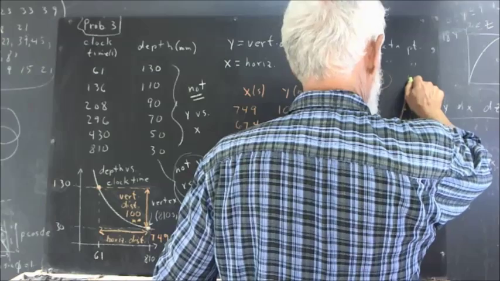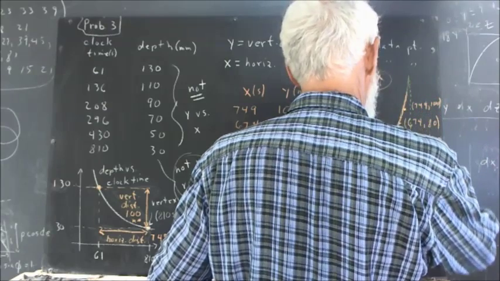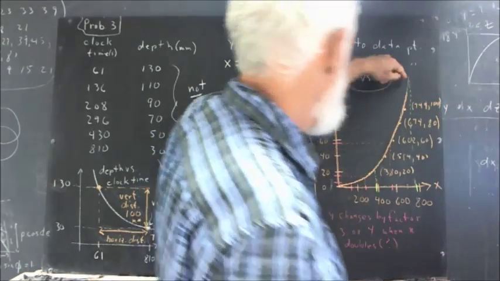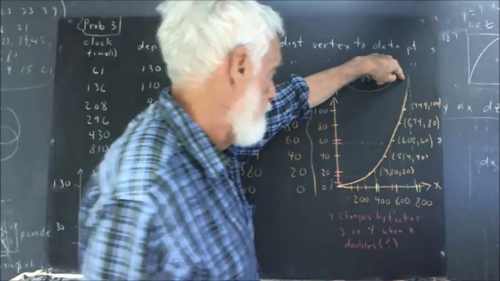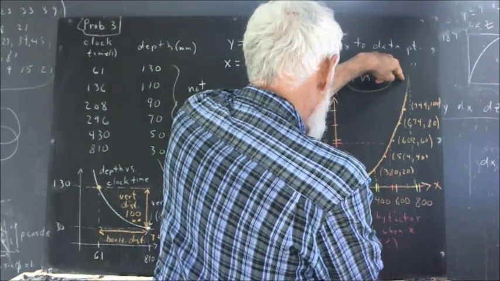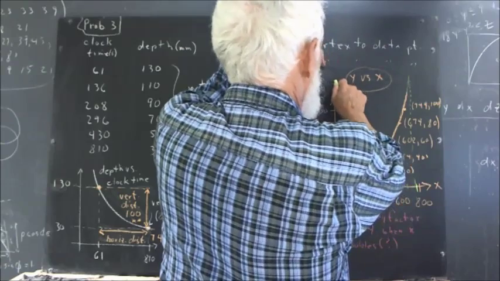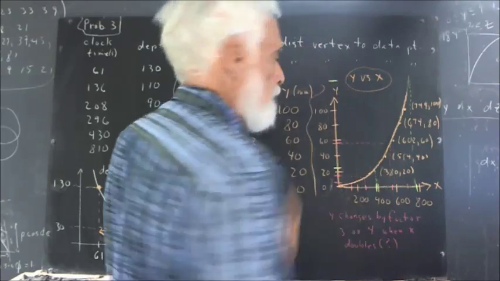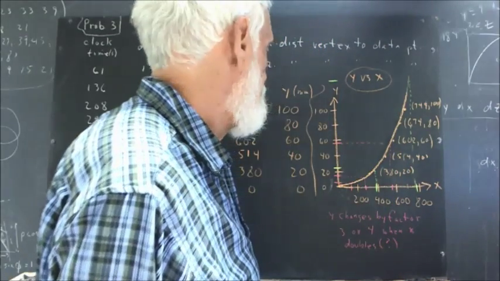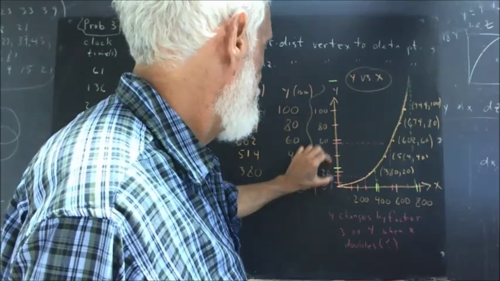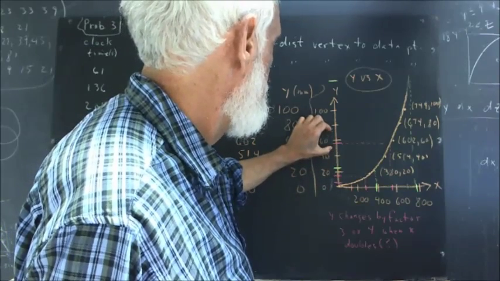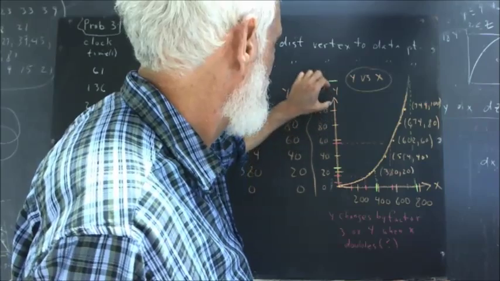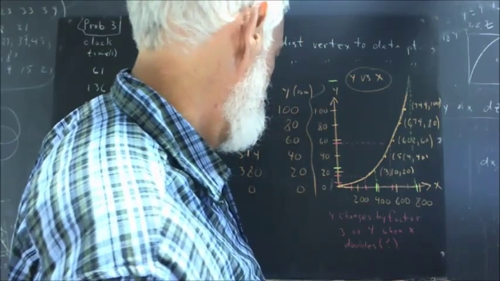it looks to me as though the y value is going to end up here someplace. Okay, so we've got a y value here and a y value way up here. So let's see, 2, 3, 4, that looks like almost 5.